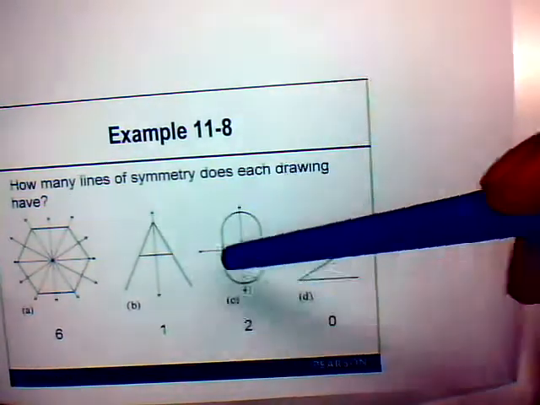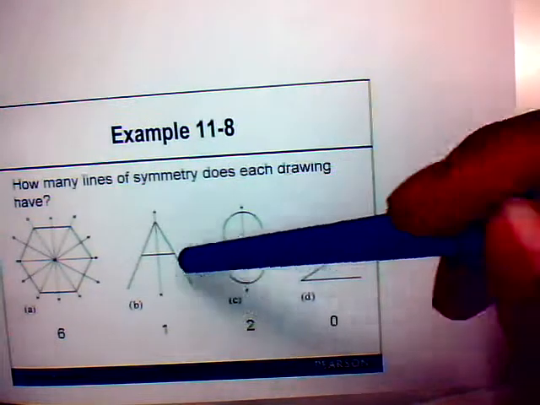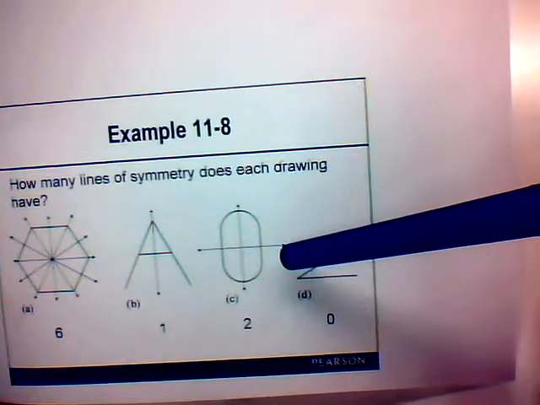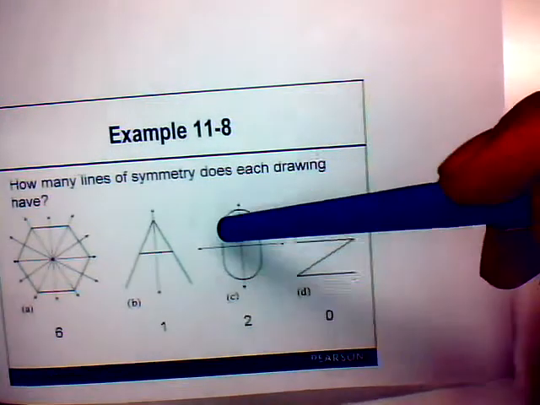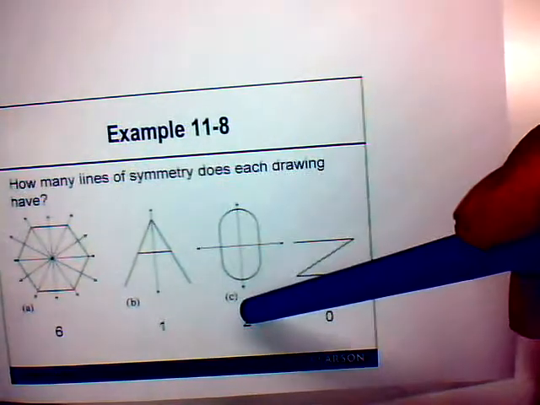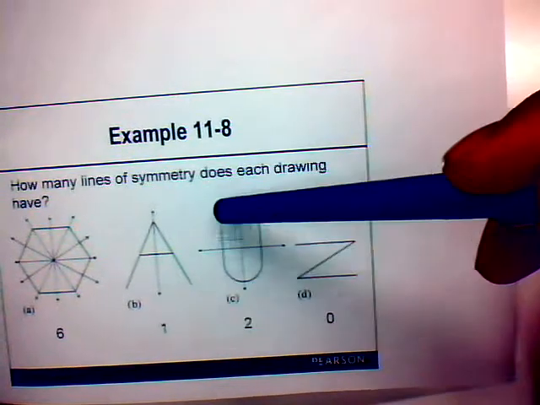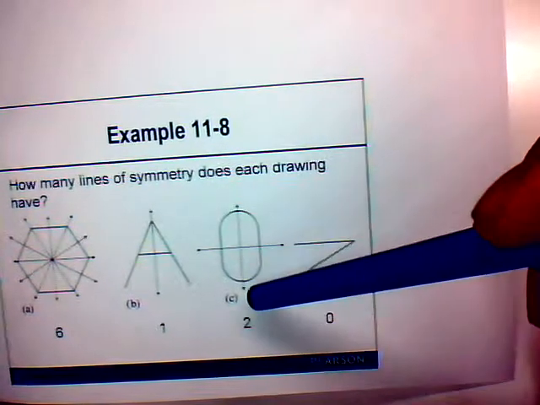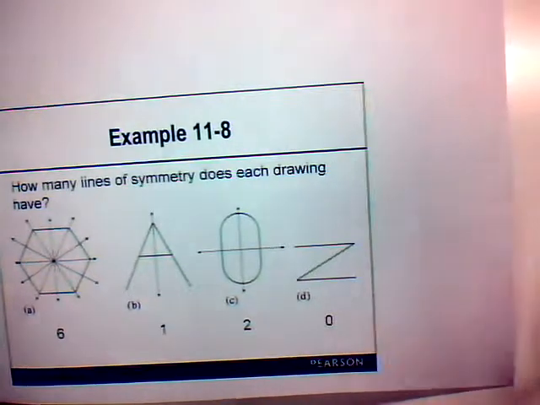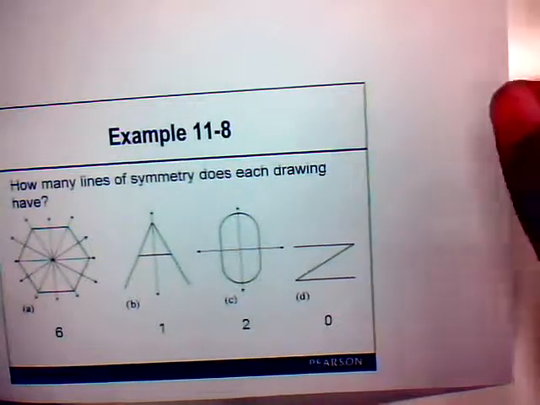And for this oval right here, if I draw a line going horizontally this way, that can be symmetry because the top has a mirror image of the bottom, and this line vertically will have the left side the mirror image of the right side. So there are 2 lines of symmetry. This one would not. Okay.